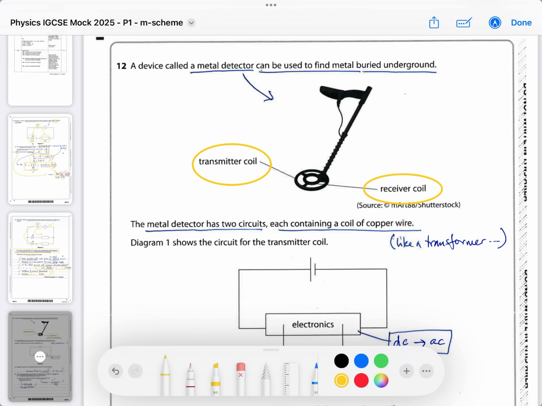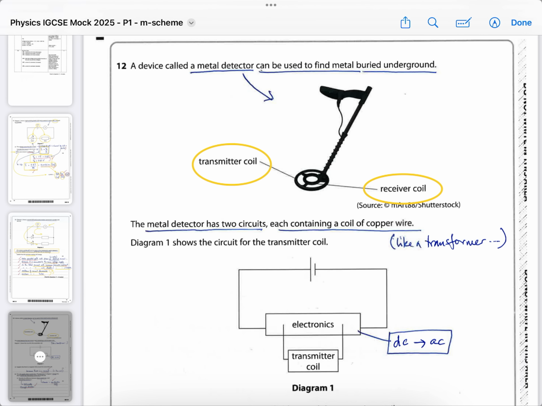So isn't that similar to a transformer, for those of you who have studied transformers? Now, if you're doing double science, you will not have studied transformers, so it will be a bit more tricky. But it's the last question on the exam, so they want to see how well you can use the theory to come up with the solution.